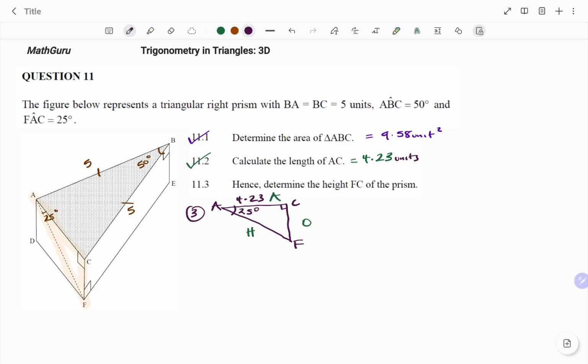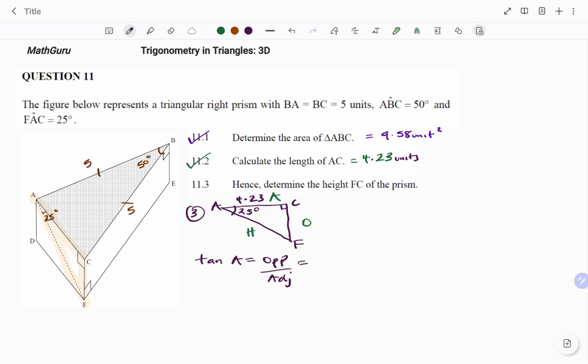So if you go back to the question, the side I'm looking for, that's the opposite. And because I have O and A, that's tangent. So the trig ratio I'm using will be tan of A. Tan is opposite over adjacent.